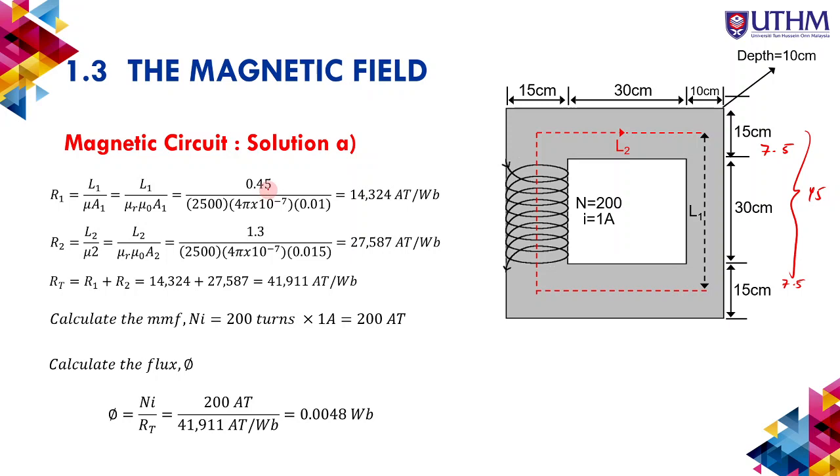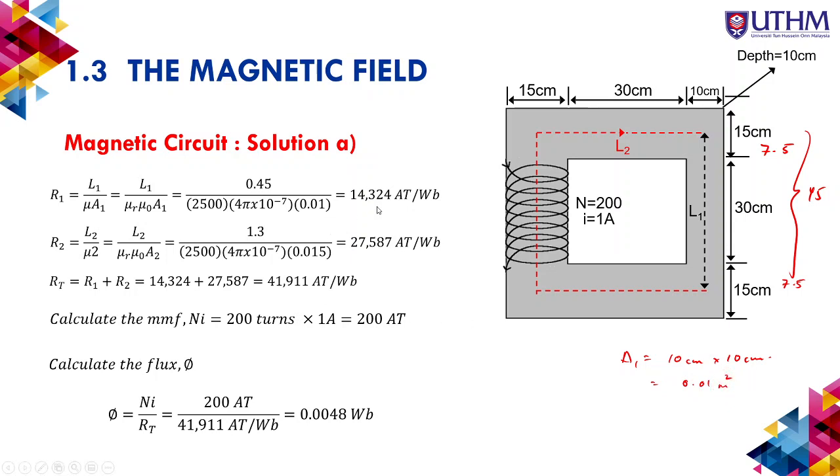L1 is 0.45 meter, and then mu times the area A1. This is mu r, and then the free space parameter, and then the area. The depth is 10, so A1 is equal to 10 cm times 10 cm, which becomes 0.01 meter square.